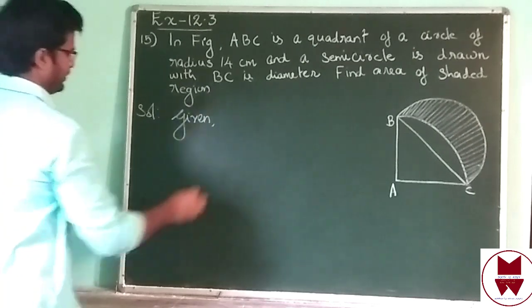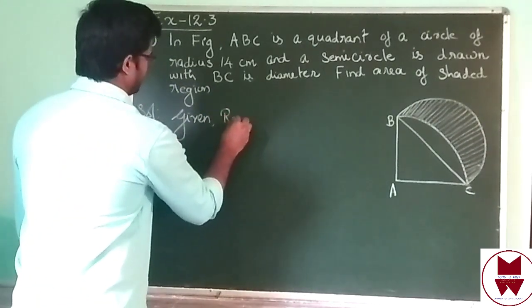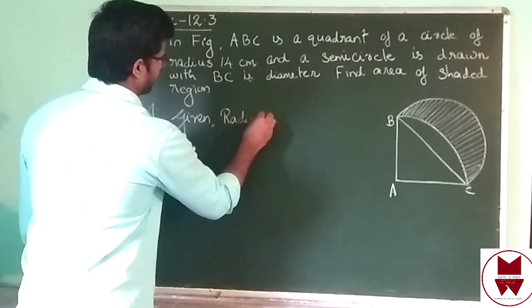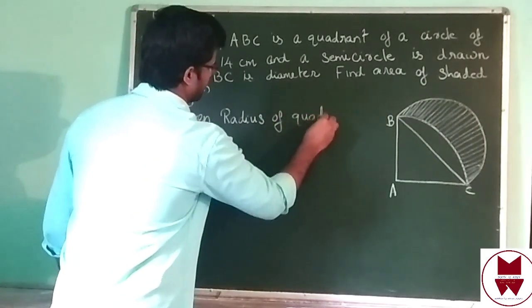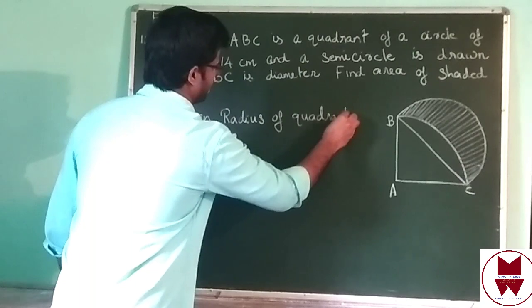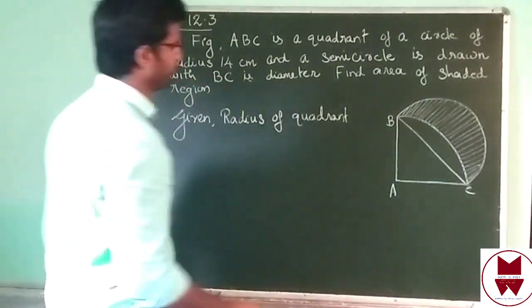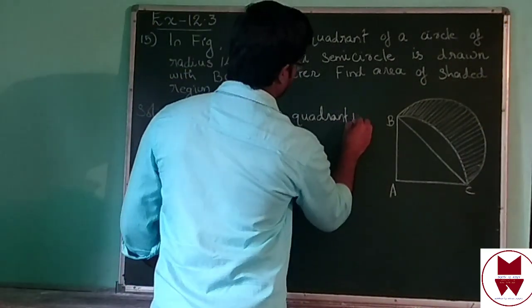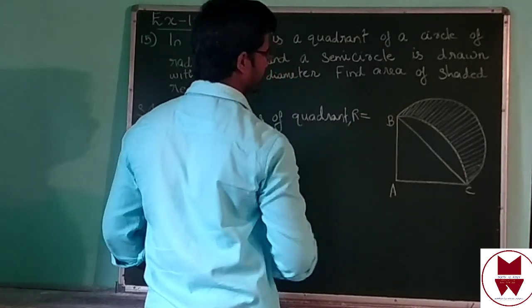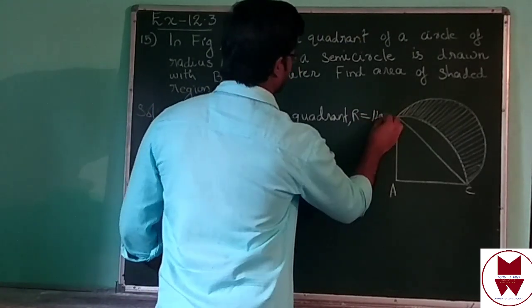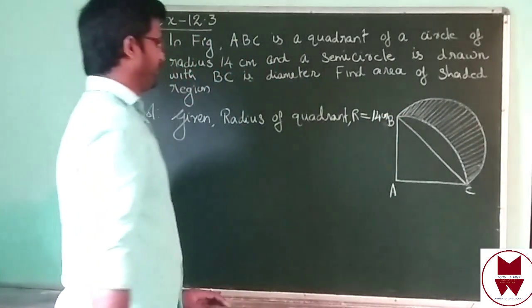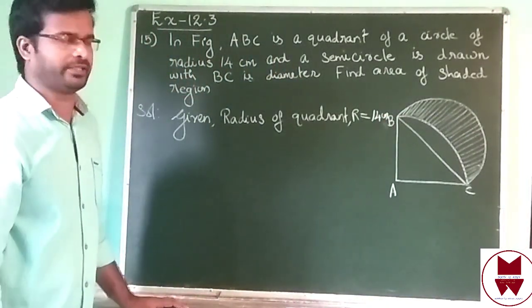Given, the radius of the quadrant, capital letter R, equals 14 centimeter. The radius of the quadrant is 14 centimeter.